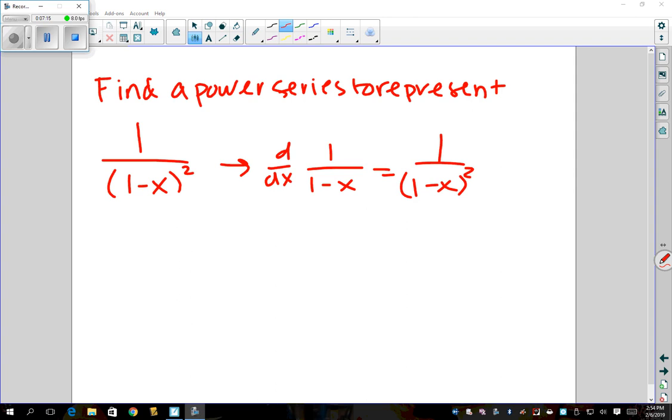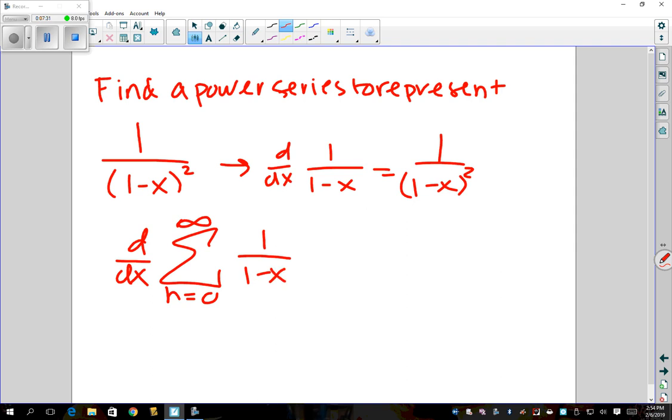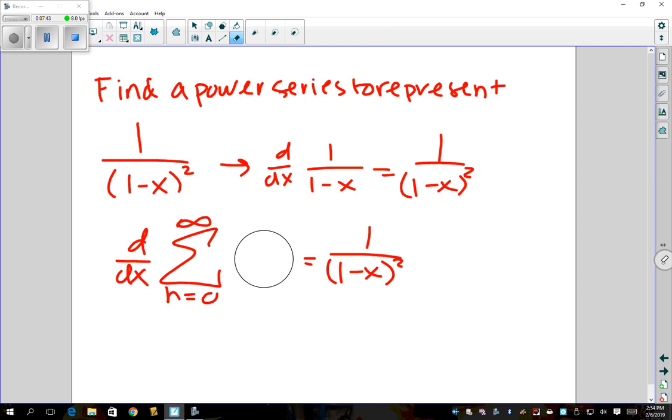And so here we can deduce that if I take the derivative of this series, the sum from n equals 0 to infinity of 1 over 1 minus x, I will get 1 over 1 minus x squared. I'm so sorry, this should not be 1 over 1 minus x, this should be x to the n, which represents 1 over 1 minus x.